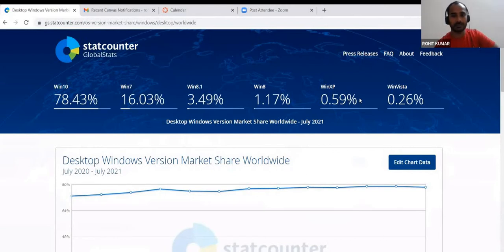It's quite commendable, because in today's era, even 0.5% share is a big thing, because it is very old, but some of the functions are so good. I don't know whether you might have some experience of XP or not, but I recommend that you go online and have a look at videos of XP, because many people find it very charming.